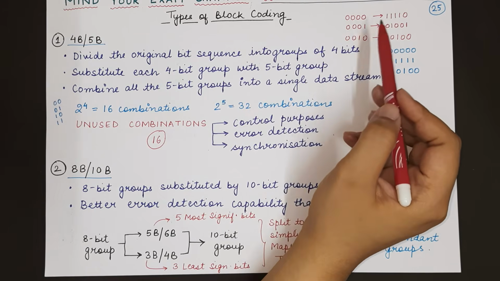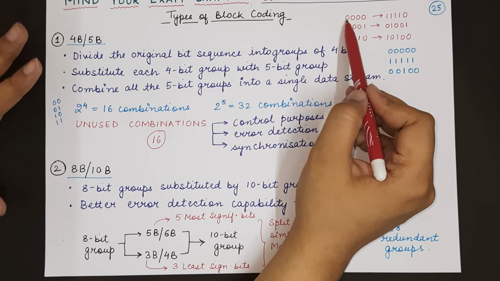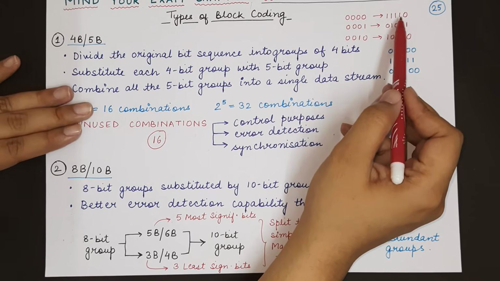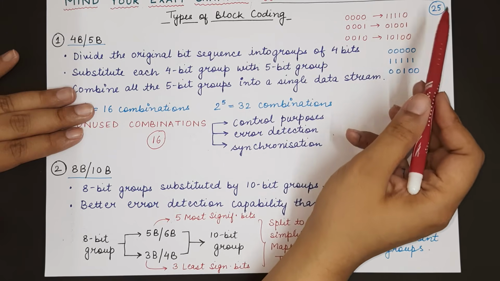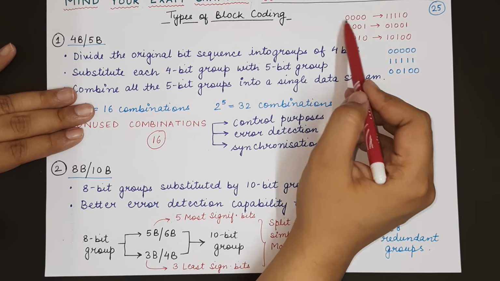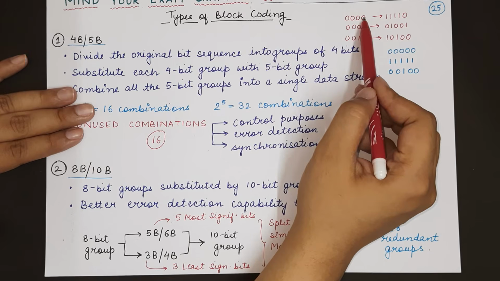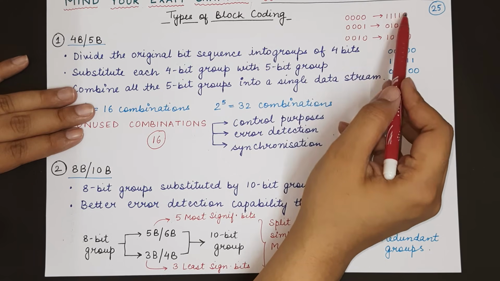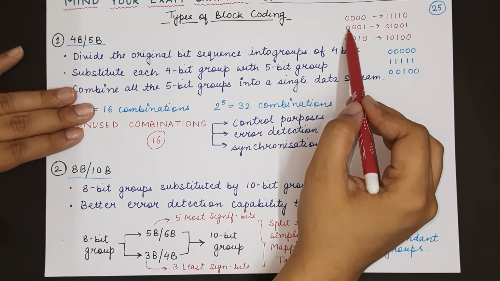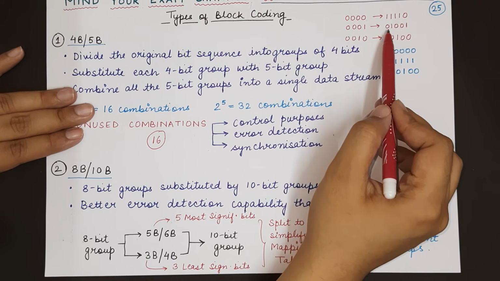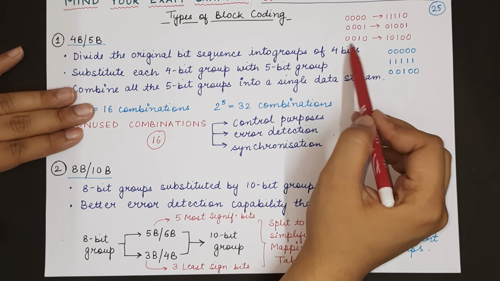So we are mapping the original 4-bit combination to a 5-bit combination. Similarly, 0001 will be mapped to 01001 and so on.